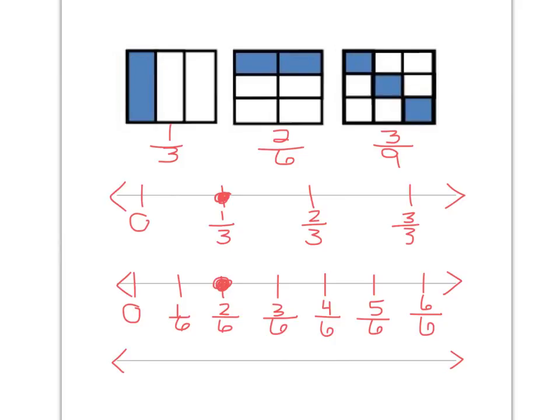My third whole is broken up into ninths, so I'm going to break my third number line up into ninths. So I know this is 0, 1, 2, 3, 4, 5, 6, 7, 8, 9. So I know this is 1 ninth, 2 ninths, 3 ninths, and I'm just going to continue to label.